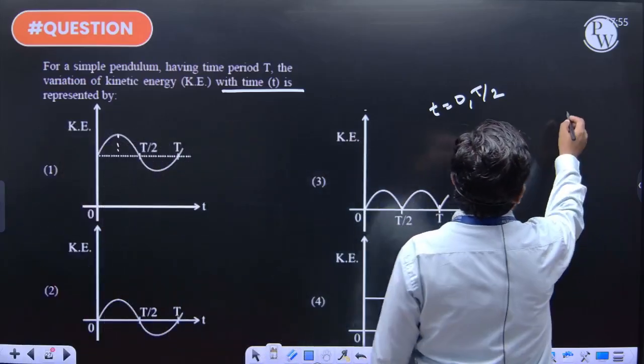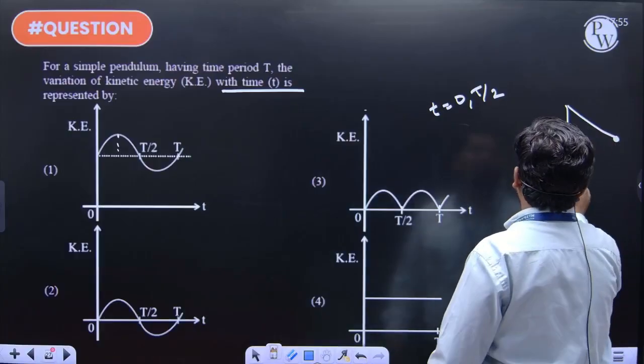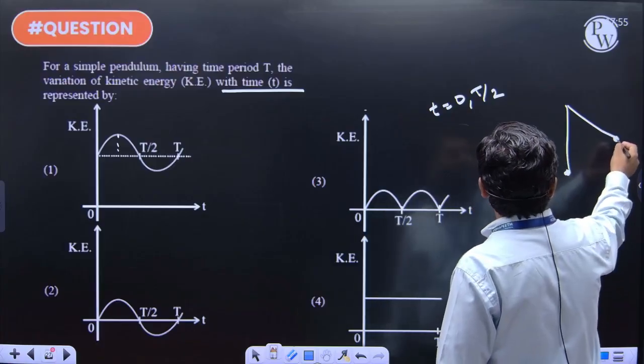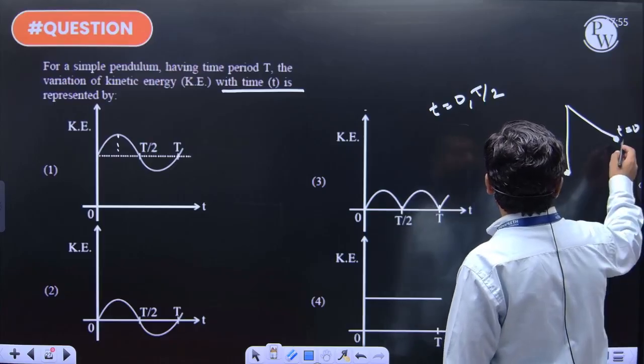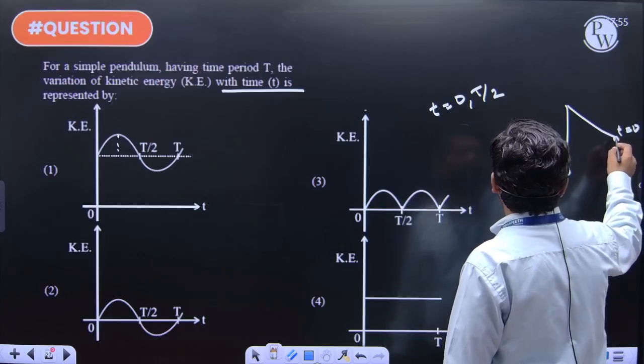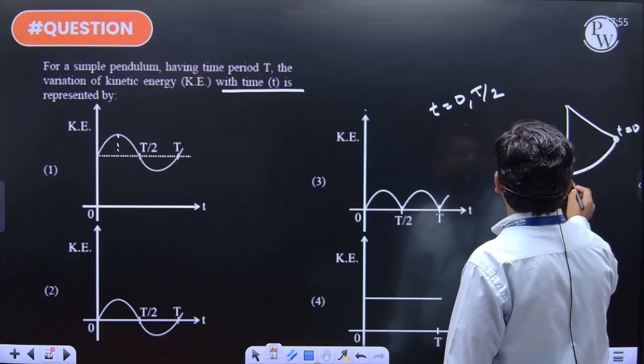When we are talking about the pendulum, initially the pendulum is released from here. So when you are releasing the pendulum from this point, we are considering it to be 0, right? Correct or not? So it will have maximum kinetic energy at T by 4.